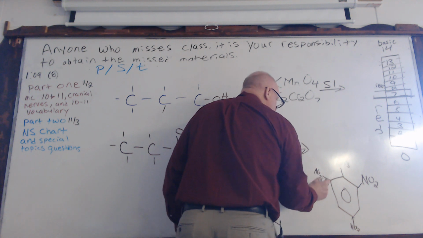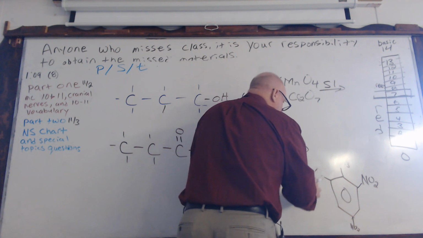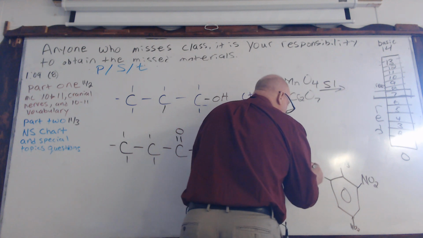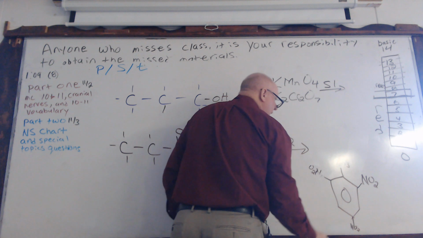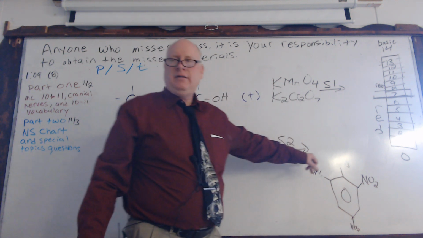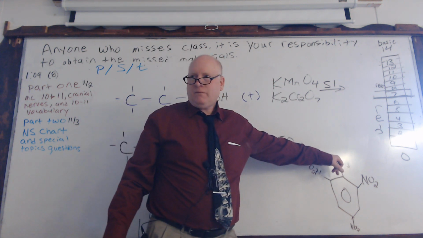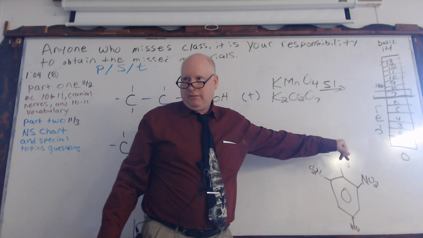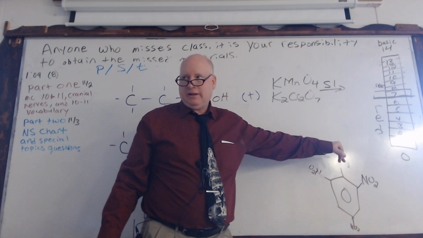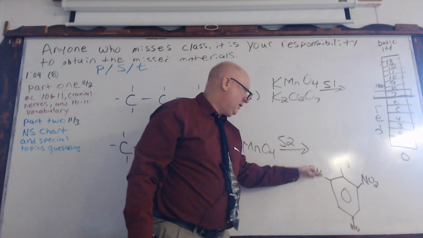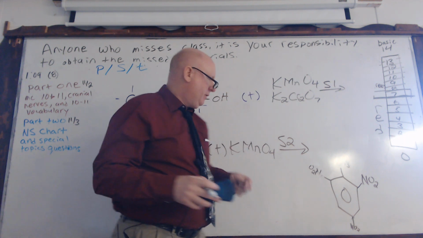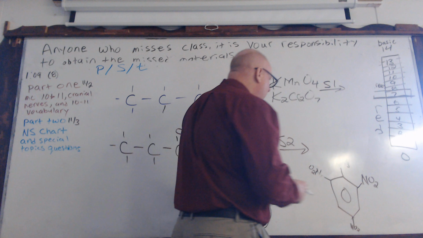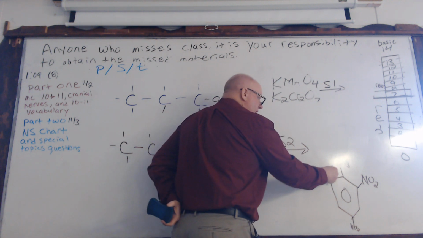Because if you did, oops, I did that backwards. If you went the other way around, if you added these first, there's no way to get that methyl group on there. And when that NO2 is in excess, that means that just keeps on going until all spots have been used up. Now, you might be telling yourself, well, why can't we keep on adding something else?